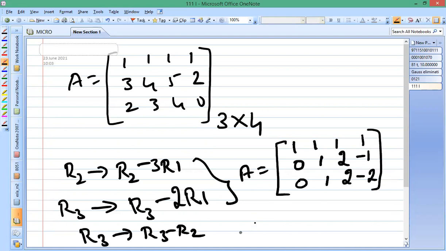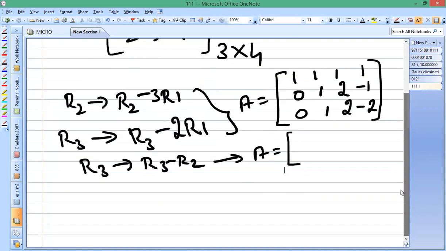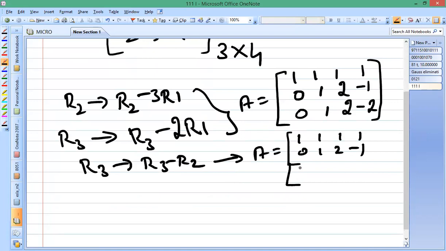And next, if you perform the third operation on row 3, because we want the elements of row 3 as 0, we'll try to reduce it to 0. So this is 1 1 1 1, 0 1 2 minus 1, and R3 minus R2 gives 0, 0, minus 2 minus of 1 is minus 1.